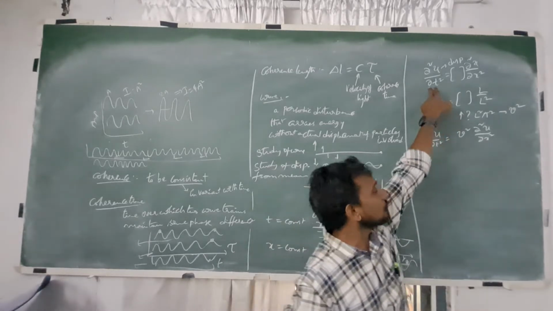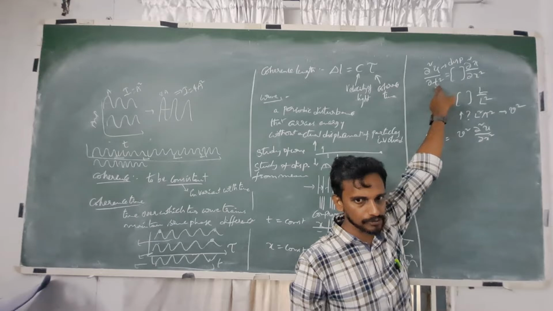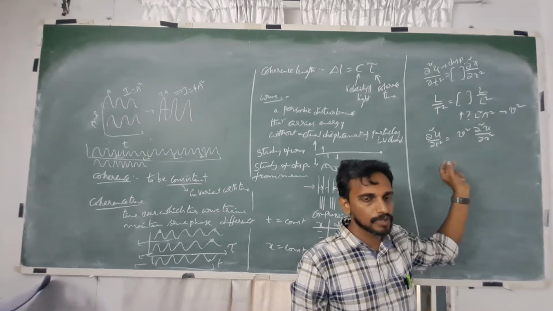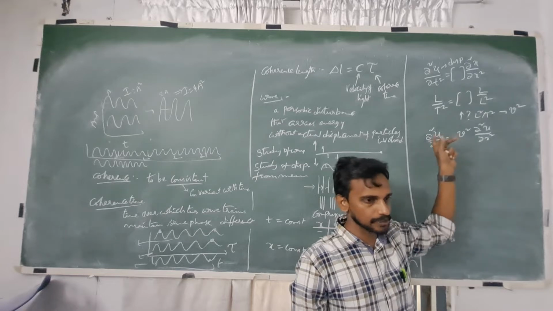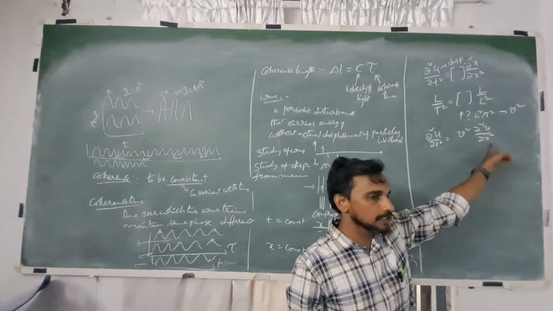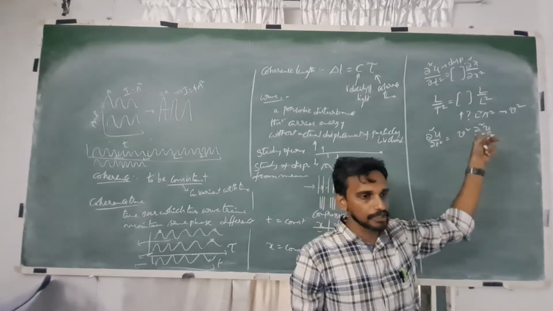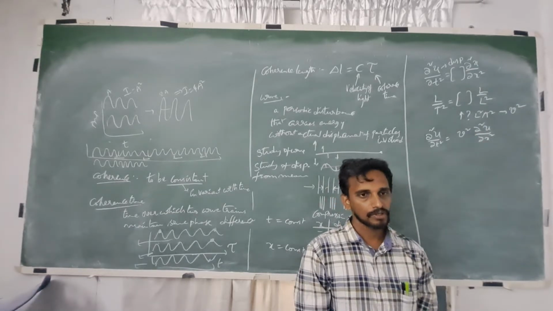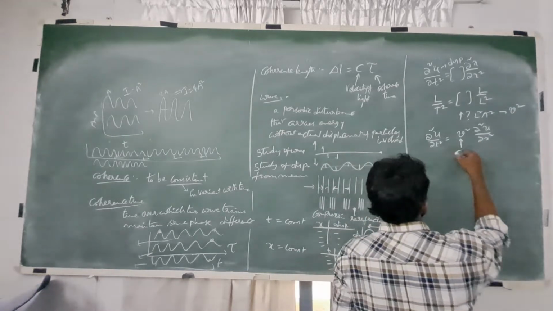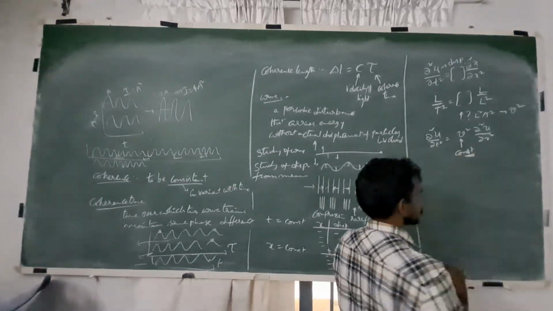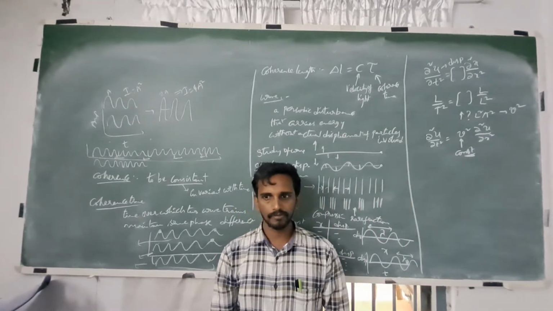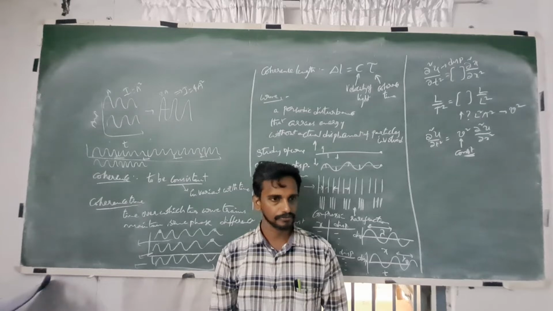So here on one side you have variations with respect to time, on the other side you have variation with respect to space. However much we change time here, space does not change, and however much we change space on the other side, time does not change. So this must remain constant. The connecting parameter should remain constant.